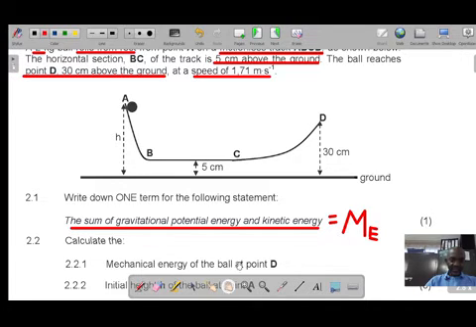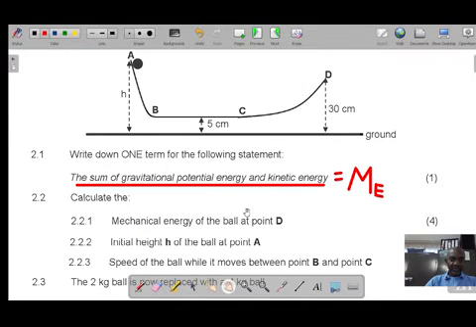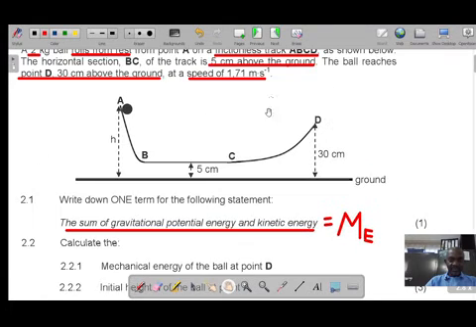They say calculate the mechanical energy of the ball at point D. This is our point D here. We have seen that mechanical energy is the sum of the potential and the kinetic energy.